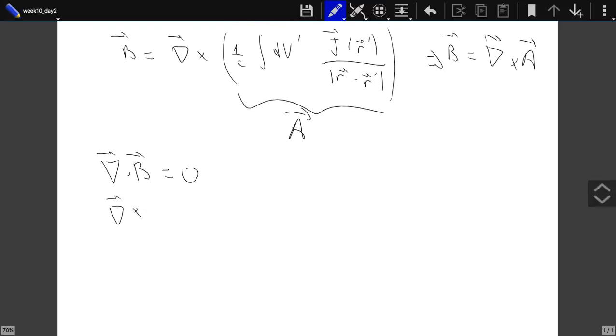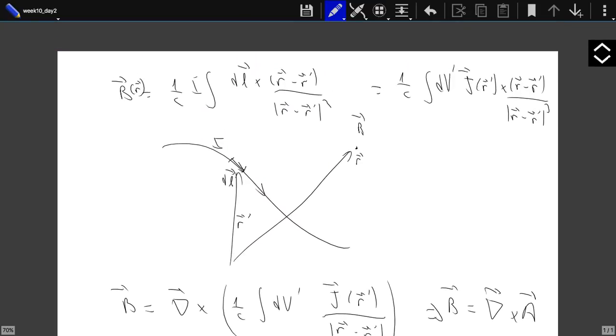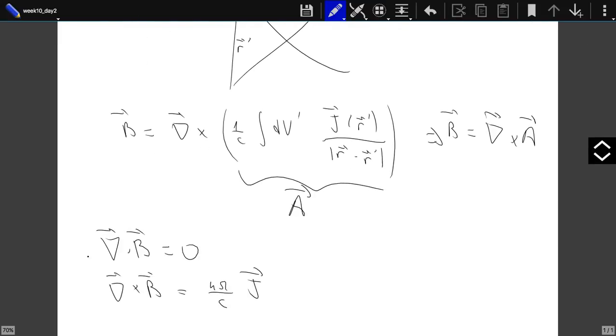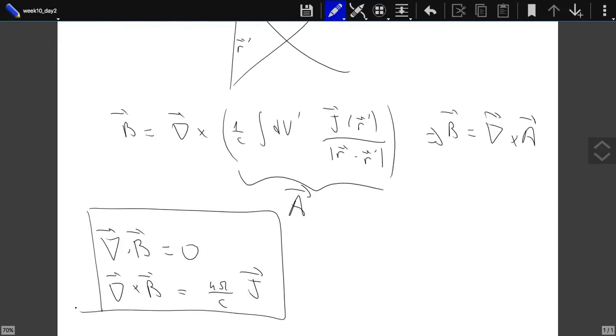And if we calculate the curl of the magnetic induction, what we obtain is 4 pi over c times j. Up to now we started with this experimental observation, and from it we derived these two equations that the magnetic induction should satisfy.